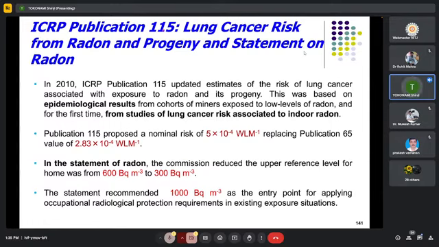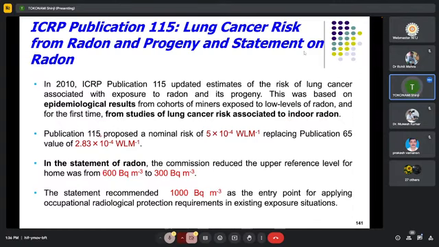ICRP Publication 115, Lung Cancer Risk from Radon and Progeny and Statement on Radon. In 2010, ICRP Publication 115 updated estimates of the risk of lung cancer associated with exposure to radon and its progeny. This was based on epidemiological results from cohorts of miners exposed to low levels of radon and, for the first time, from studies of lung cancer risk associated with indoor radon.